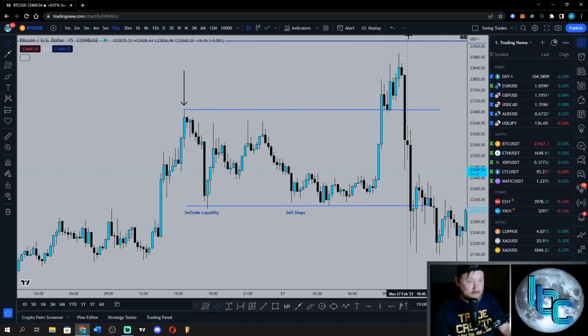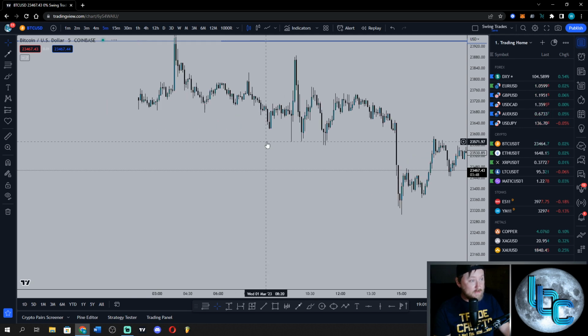So price runs up to it, and guess what? You have this liquidity down here and sell stops. Once this gets taken out, you can expect price to shift down and take out the other side.